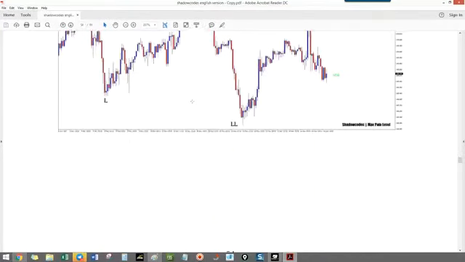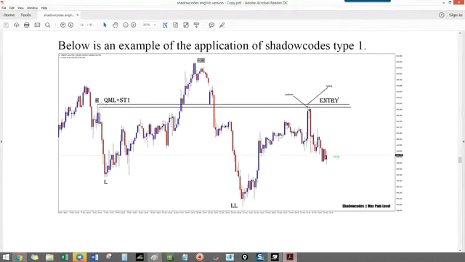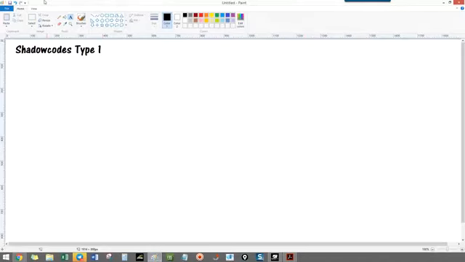So this one is using ST1 for entry with QM. So it's like this.